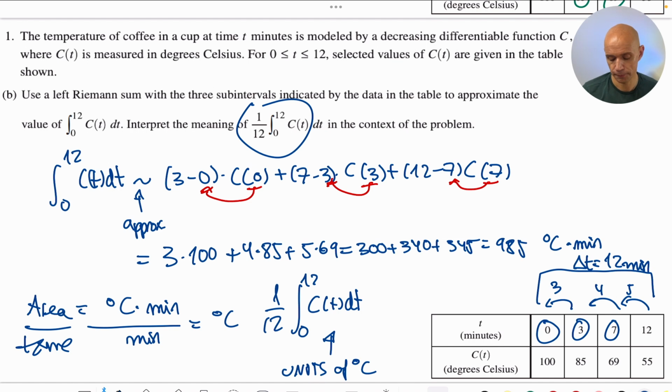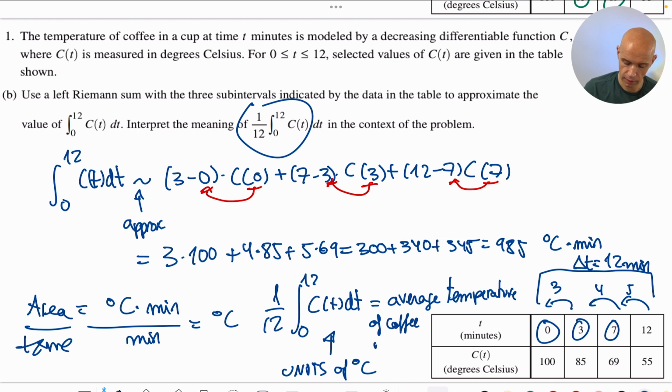It's a temperature. We have integrated over 12 minutes and we divide by 12 minutes, so it's the average temperature. And it's always good to add all the wording: of the coffee in the cup.